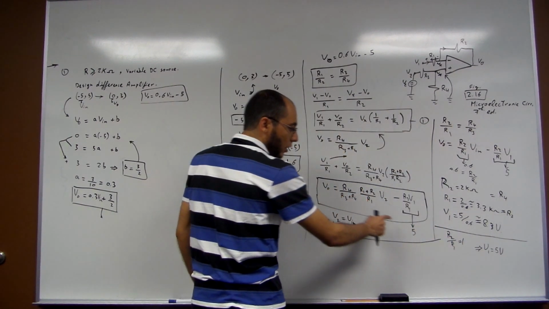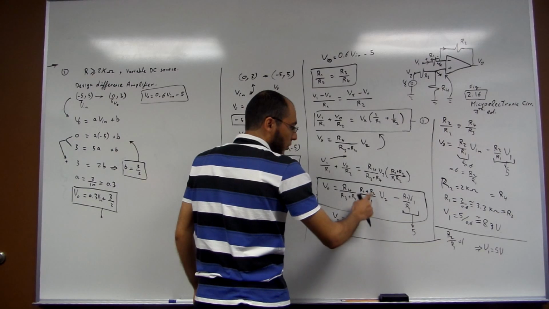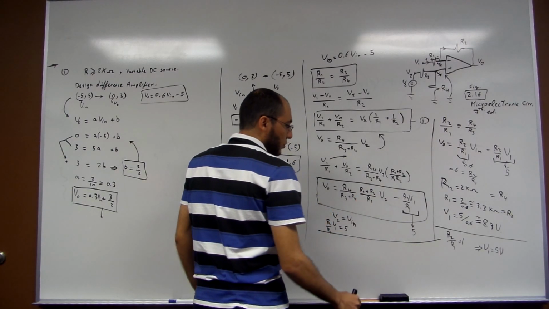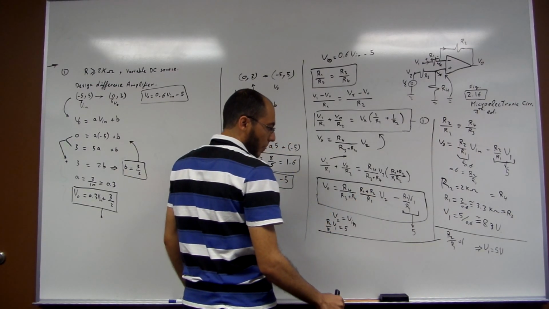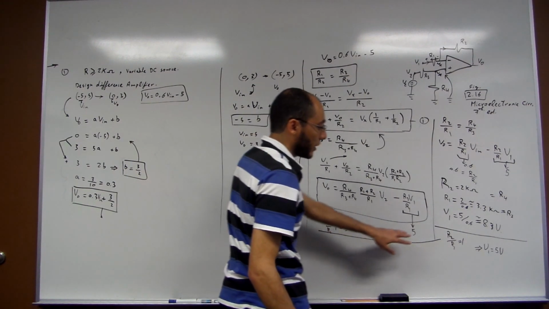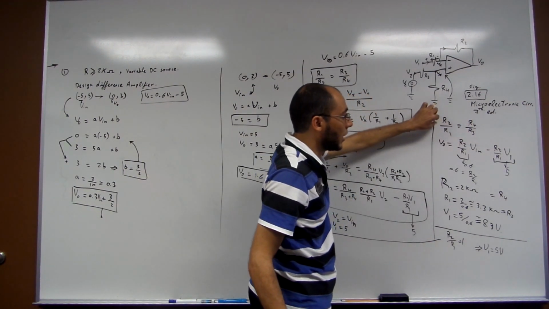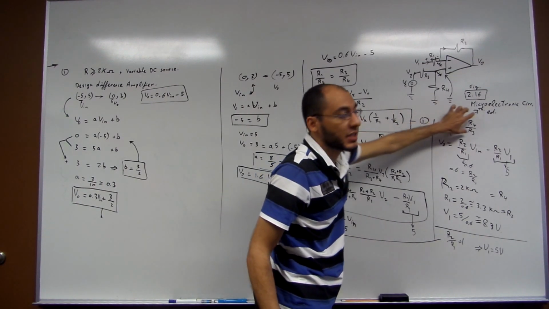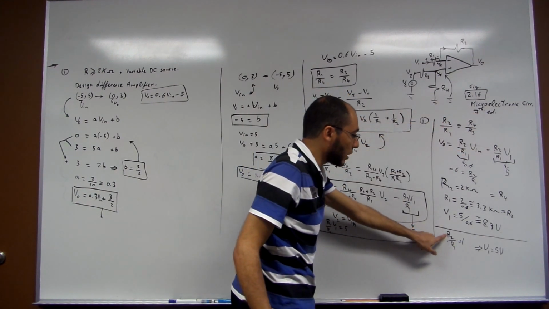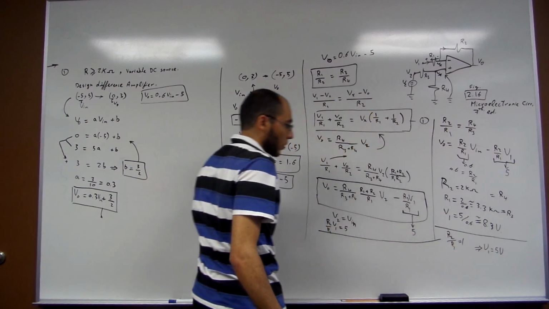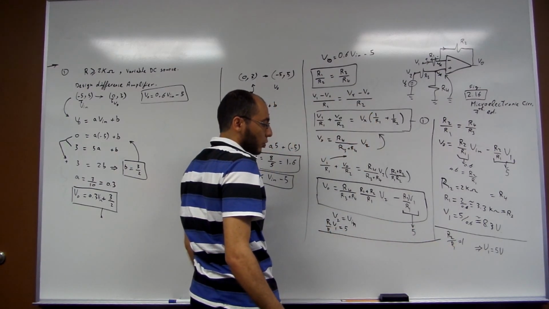R2 over R1 equals 1, so they are equal, which means that this value is going to be 2. Remember that the first method is to set this assumption. The second method says that I'm not going to set this assumption, but otherwise I'm going to say R2 over R1 equals 1. So that's the assumption that I'm going to follow.